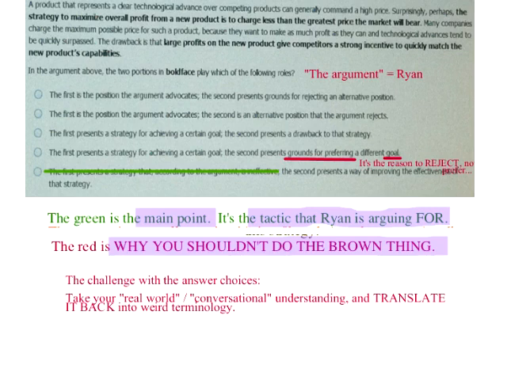So, not that. The problem with C here is, again, it's not that strategy. Make sure you notice words like that and this and stuff like that. That would mean the one we were just talking about. It's not a drawback to the green thing.